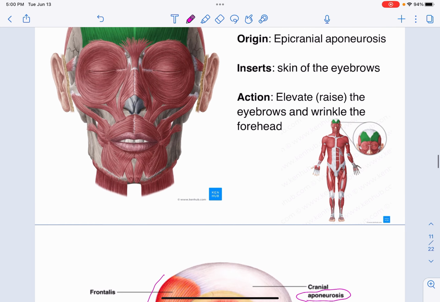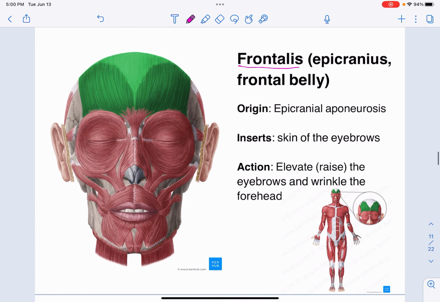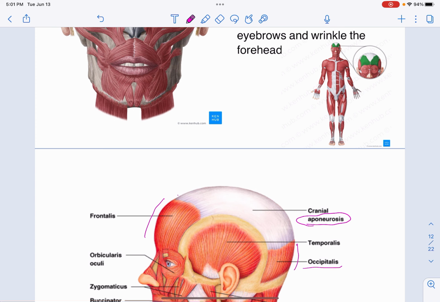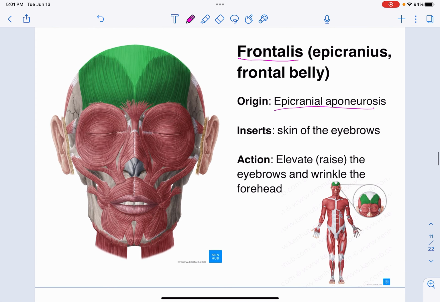So let me go back. So the frontalis originates at this epicranial aponeurosis that I'm talking about. This aponeurosis is where the muscle originates from. So you can see it here. And it inserts into the skin of the eyebrows, so up in here.